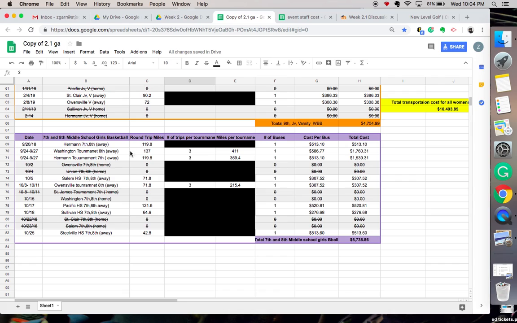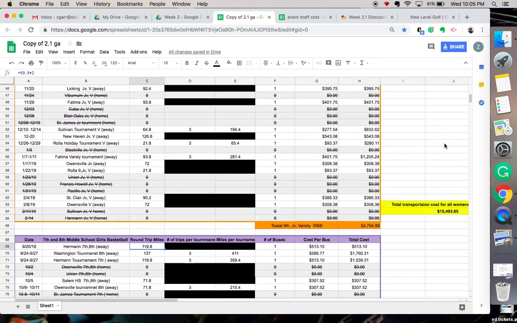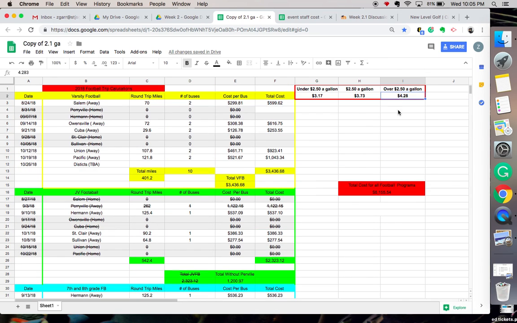Our tournaments are in Washington, which is 411 miles, Herman, which is 359 miles for all 3 rounds, and Owensville, 215 miles. So you've got some long tournaments there that raise the bus cost. But again, I found the cost per bus by timesing the round trip miles by our cell I2 up there, the gas price.